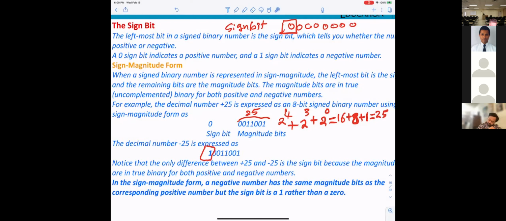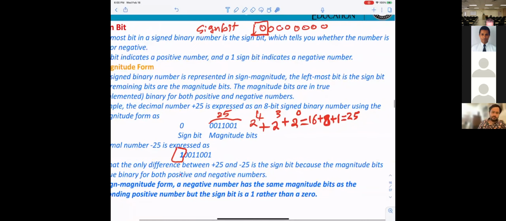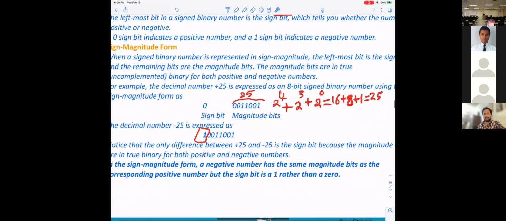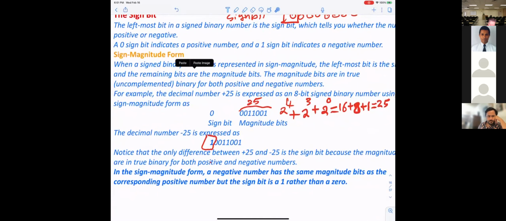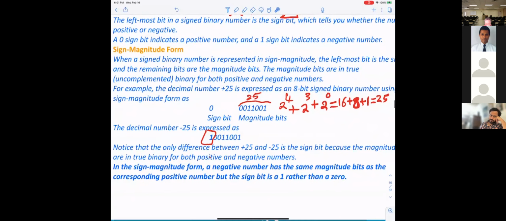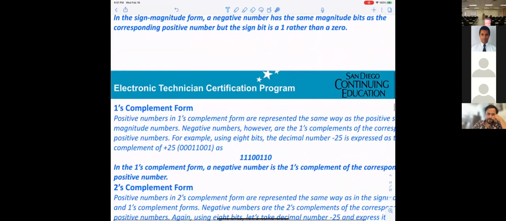Notice that the only difference between plus 25 and minus 25 is the sign bit, because the magnitude bits are in true binary for both positive and negative numbers. In the sign magnitude form, a negative number has the same magnitude bits as the corresponding positive number, but the sign bit is 1 rather than 0.